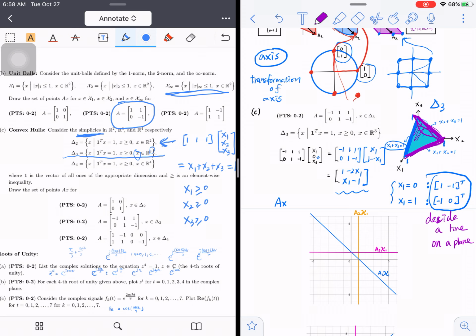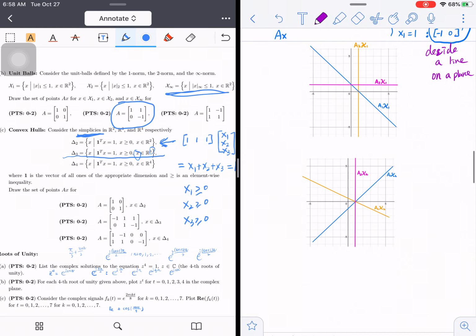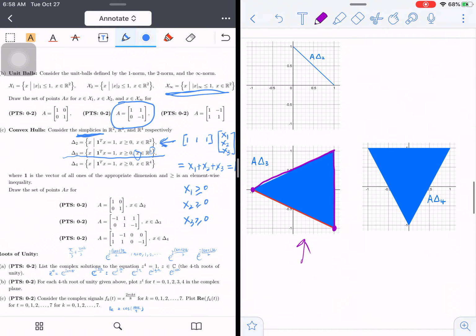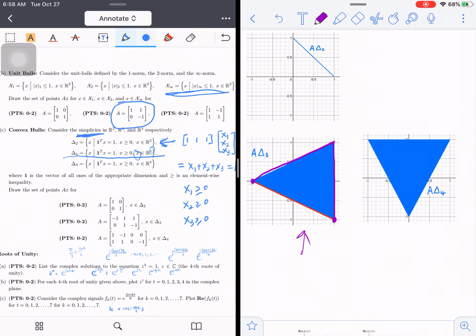Because this is a convex set, your answer should be a convex set, and this has to be solid. It cannot be hollow, otherwise it is not a convex set.